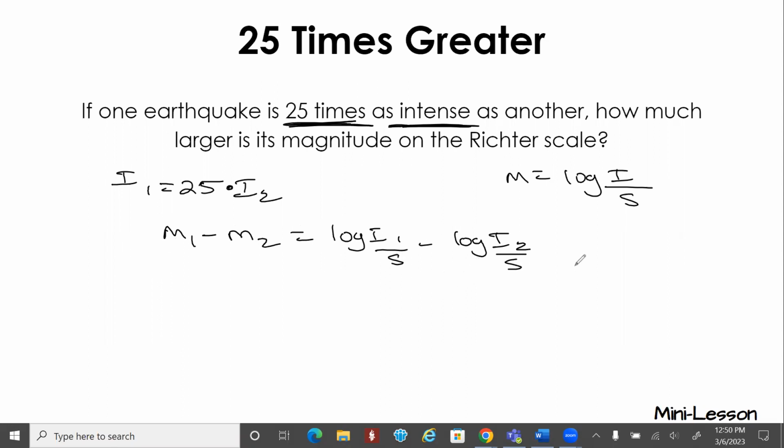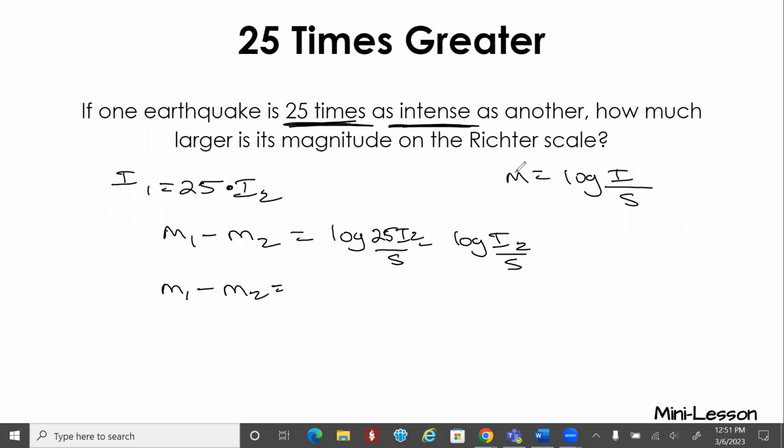So what we're going to do here is we're going to expand this out. Okay, so this is going to be M sub 1 minus M sub 2 is equal to, and instead of this I sub 1, we're going to write this out as 25 times I sub 2.